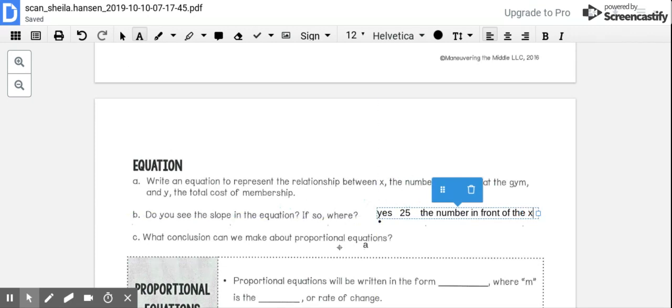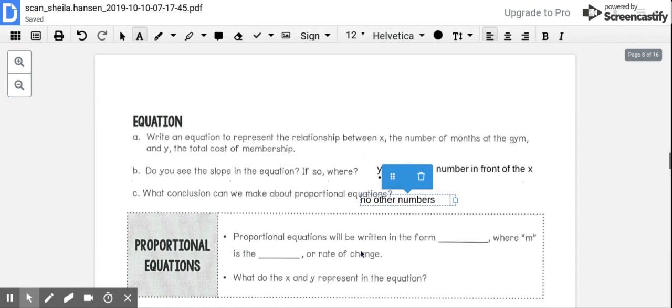So what conclusion can you make about proportional equations? So if you remember from last year, they don't have any other numbers. So an example would be like y equals 25x plus 2. That would not be proportional because of the plus 2.